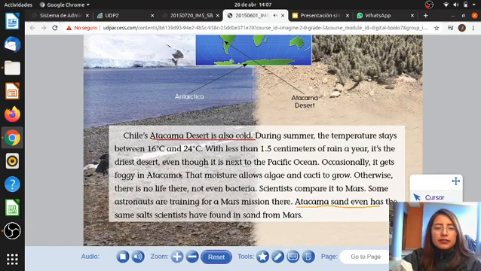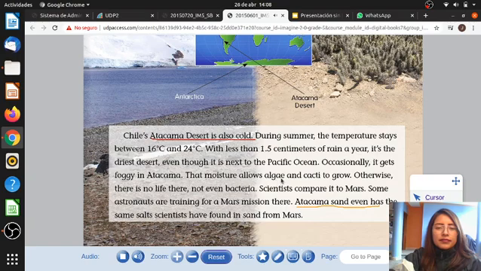Chile's Atacama Desert is also cold. During summer, the temperature stays between 16 degrees Celsius and 24 degrees Celsius. With less than 1.5 centimeters of rain a year, it's the driest desert, even though it is next to the Pacific Ocean. Occasionally, it gets foggy in Atacama.